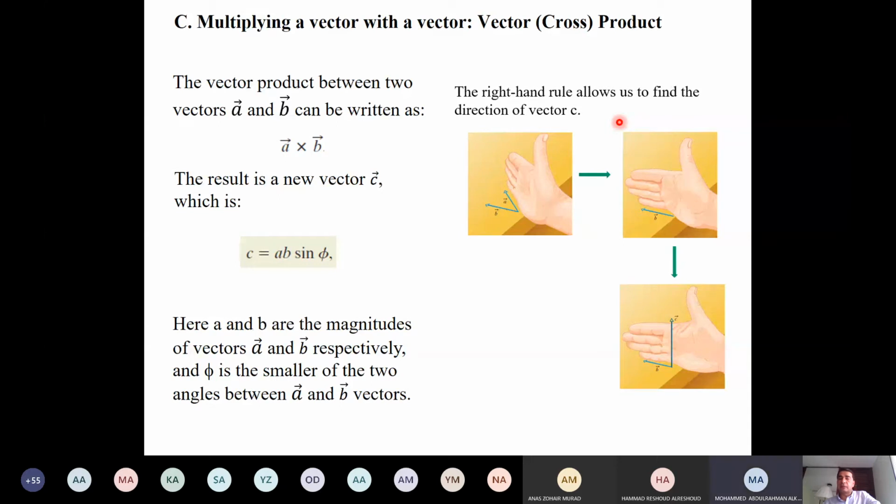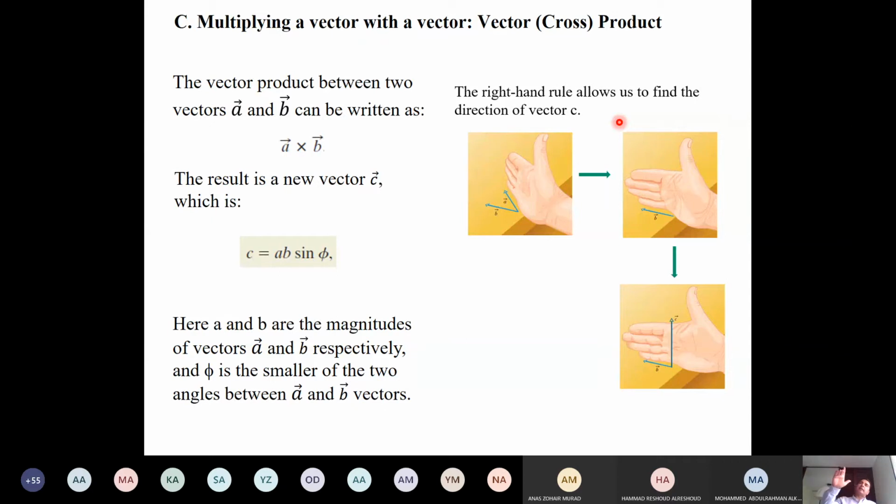So when you have two vectors, vector A and vector B, represented in the XY direction, which is one plane, like the wall of your room, and you take the cross product of them, the vector which you get, vector C, will be outside of the wall. So that will be either this way or that way. The direction now depends on whether you multiply A with B or B with A. Which one comes first, accordingly it will change.